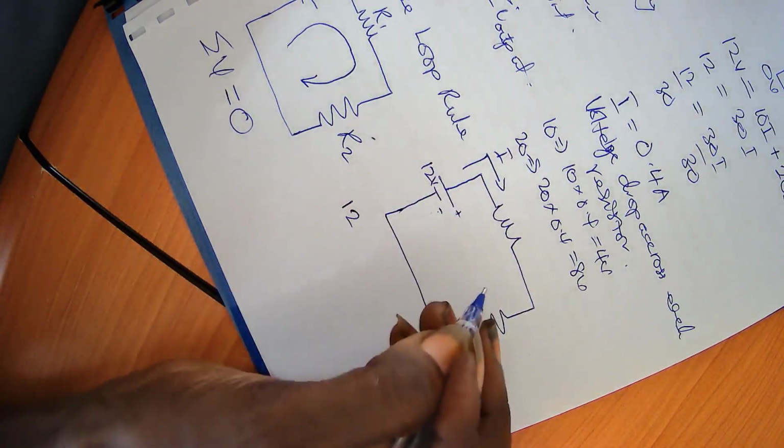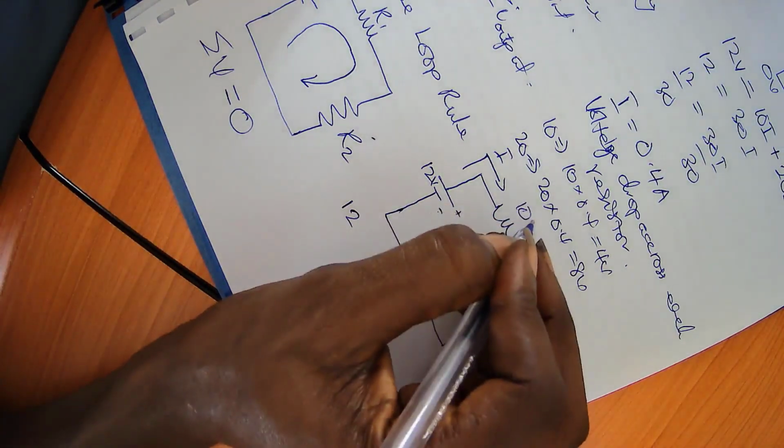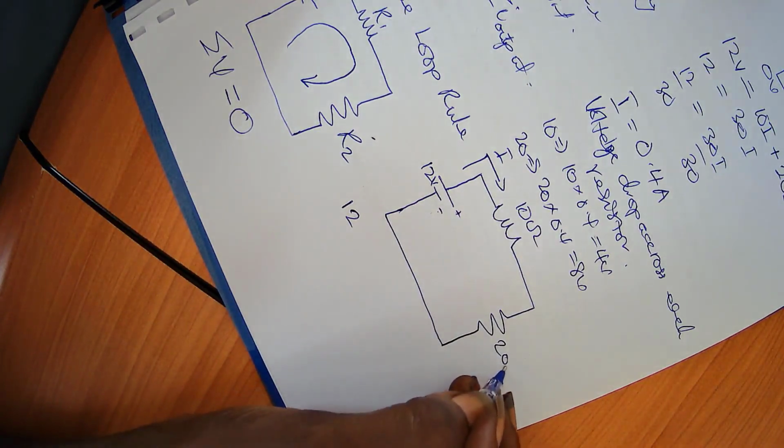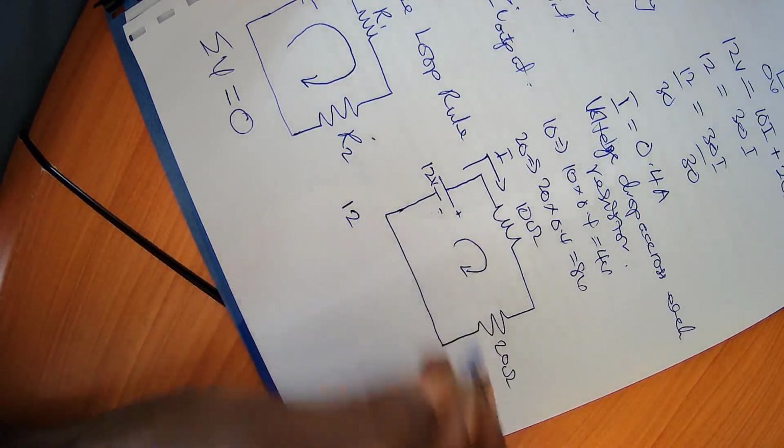Let's show our current this way. This is our current I. Here is our 10 ohm, here is our 20 ohm, and this is our loop.